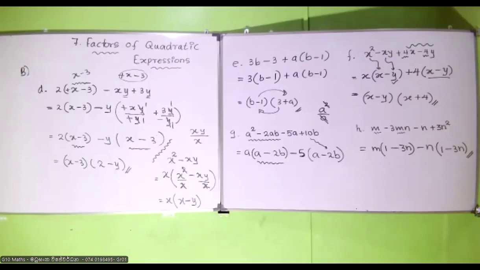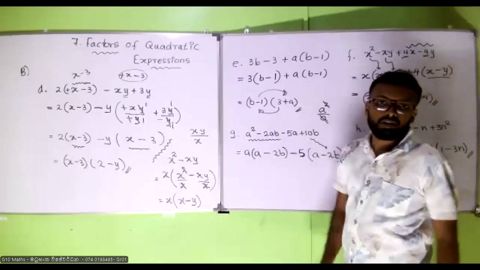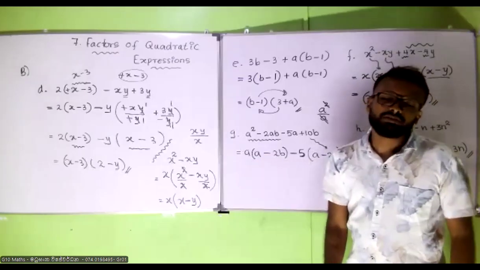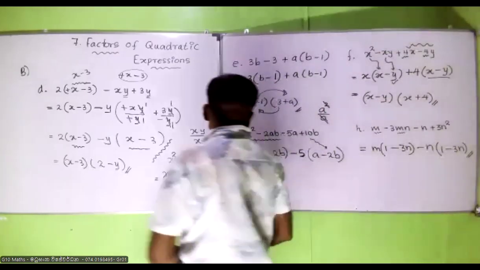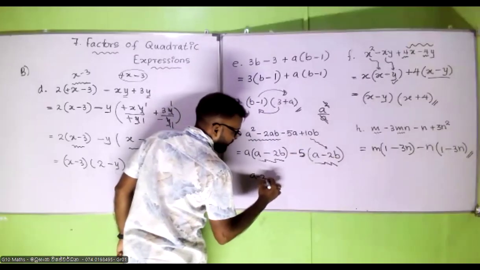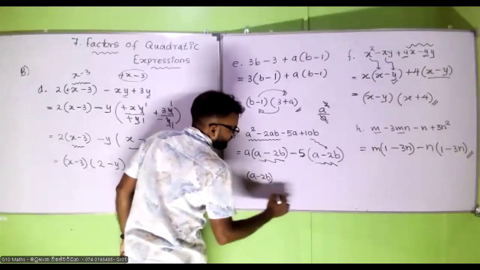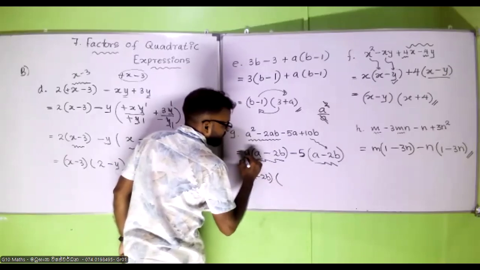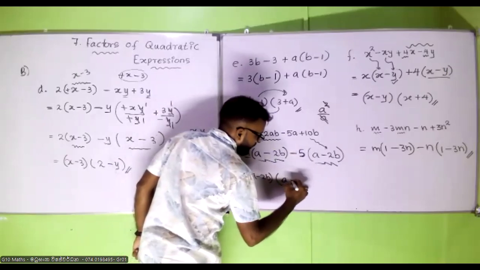Tell me. If you have any questions, you can ask. Factorize. So it is up to you. Shall I do the factorization? So what is this? A minus 2b, a minus 2b. Take it out. The rest of the terms: a minus 5.